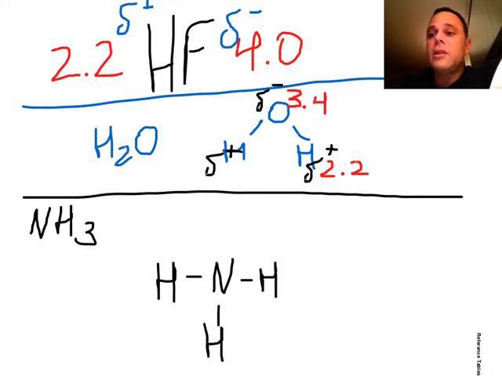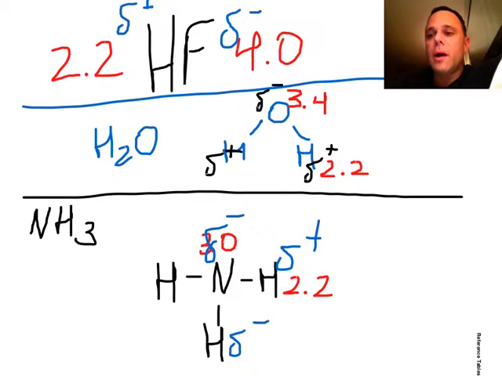Our electronegativity values are 2.2 and 3.0. Again, this gives it an unequal distribution of charges being shared, and nitrogen ends up being slightly negative, and all the hydrogens are slightly positive. Now we have to keep this in mind when we talk about these intermolecular forces.